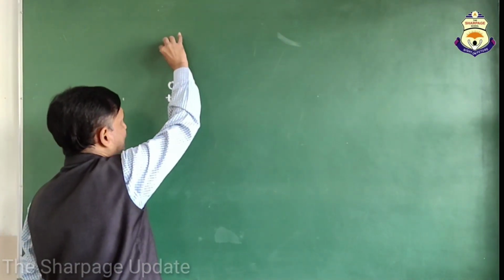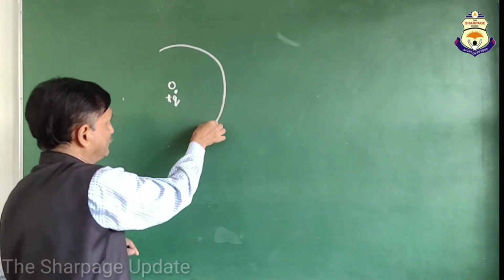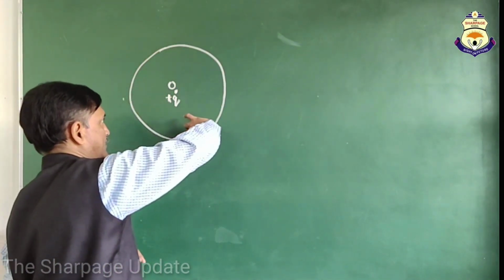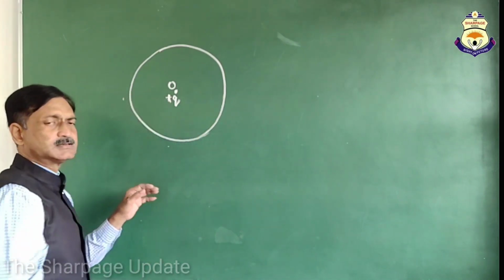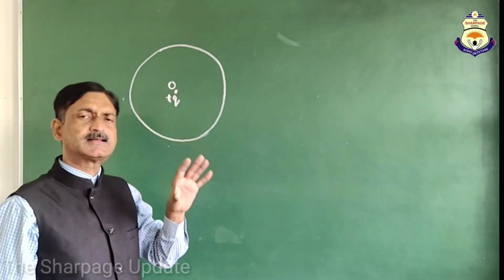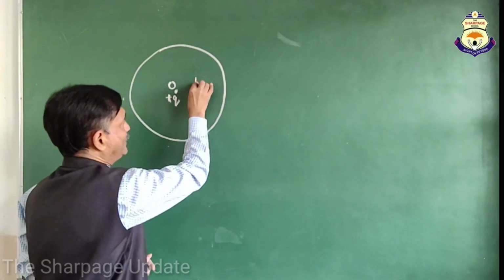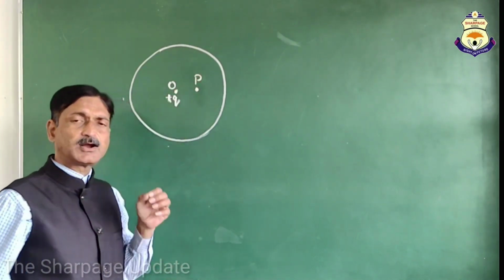Let the electric field due to this charge be this. The area surrounding this charge is known as the electric field. Now at point P we have to find the electric potential.